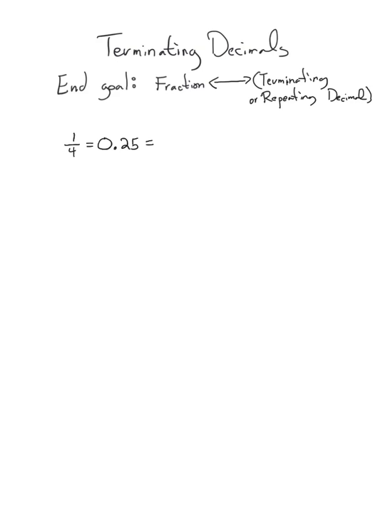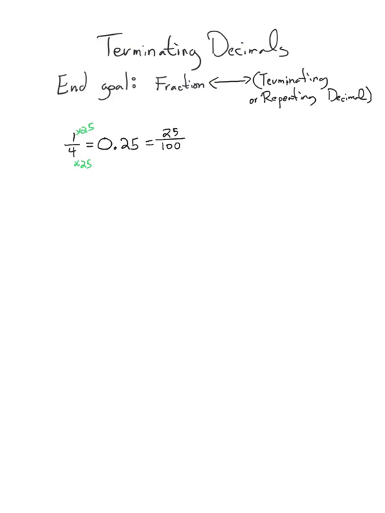We know decimal fractions. So this is 25 hundredths. No problem there. And you can see, well, 1/4 is equivalent to 25 hundredths. We can just multiply top and bottom by 25, and we get 25 hundredths.